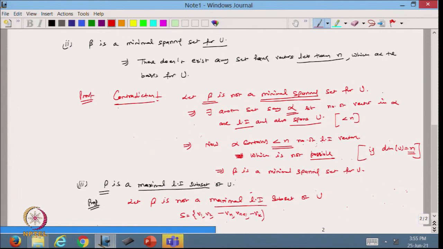So, it contains k number of vectors and S is linearly independent. So, I take another set S which contains linearly independent vectors which are in number k, that is more than n. So, here I am taking that k is more than n.